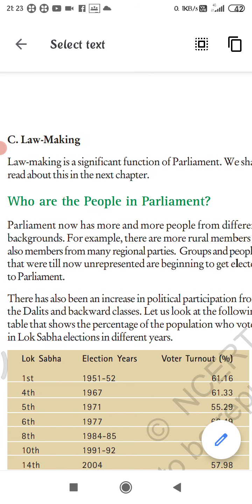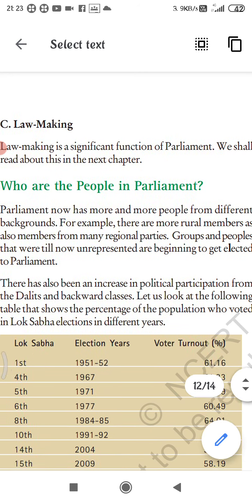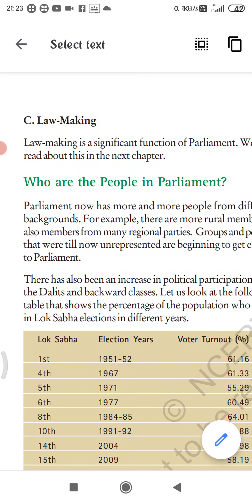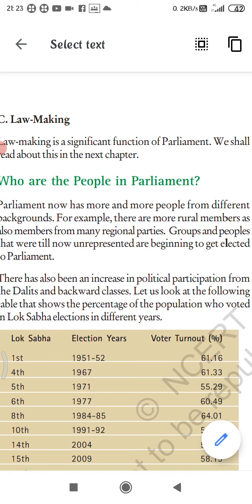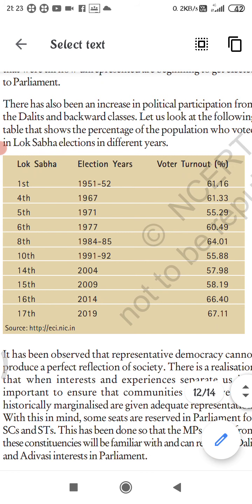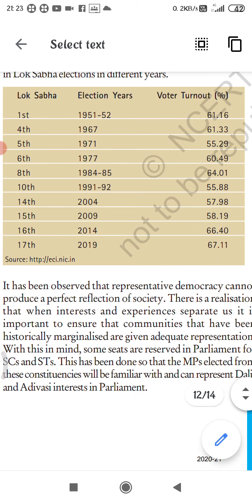See, the people of the regional parties also, then groups and the people that were independent candidates. All the people who got elected in the Lok Sabha elections get a chance to go in the parliament. Then we discussed the reserved seats.